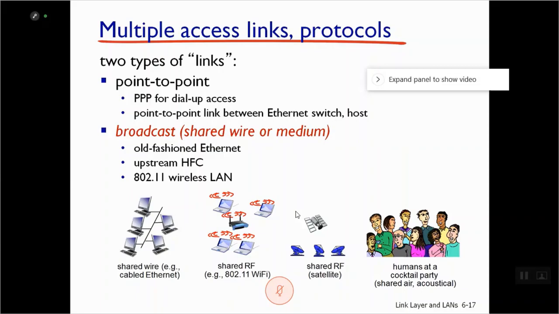So in a shared medium or a shared wire, wherein we have a broadcast link, we have multiple senders as well as multiple receivers, all connected through a single common shared broadcast channel. This also means that when any node transmits a frame, the channel broadcasts the frame and each of the other nodes receives a copy. Examples of these broadcast links are Ethernet and wireless LAN.